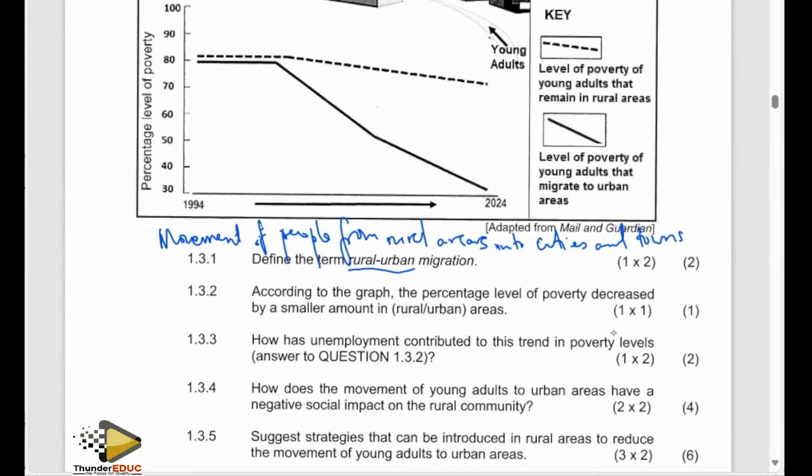Right. According to the graph, the percentage level of poverty decreased by a smaller amount in which areas? Is it in rural areas or in urban areas? The percentage level of poverty decreased by a smaller amount. If you check the two graphs here, this graph is showing that the percentage level declined sharply from 1994 until 2024.